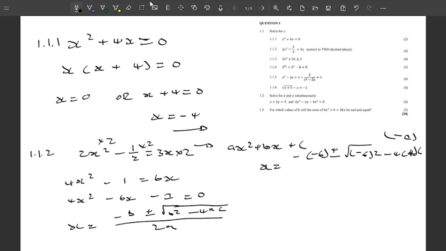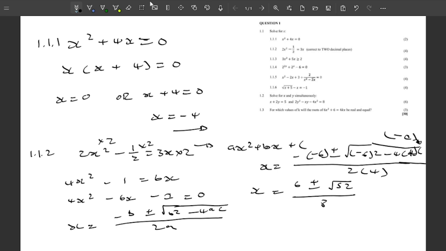Let me write it here. Over 2a, and for 2a, it's going to be 8. Then you can simplify it and say x equals 6 plus or minus the square root of 52, over 8. You can leave it like this, or you can simplify it, no problem. It should add up to 52 because 36 plus 16 is 52.